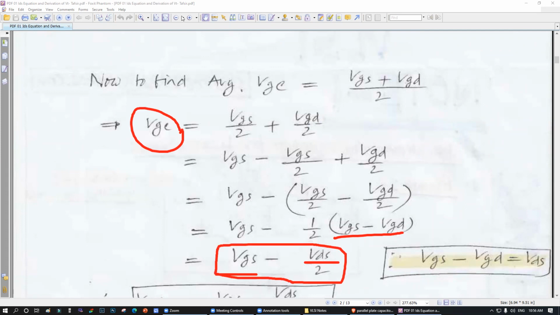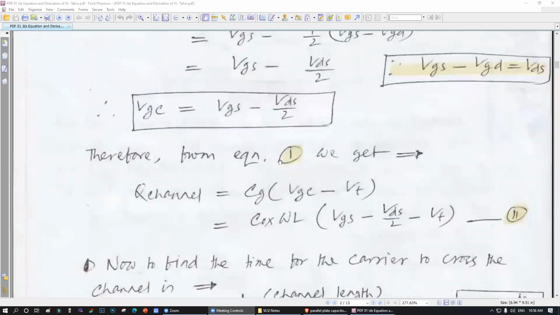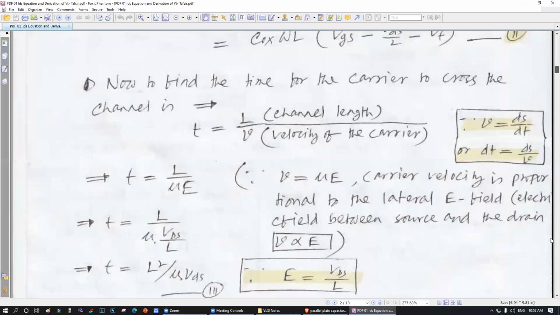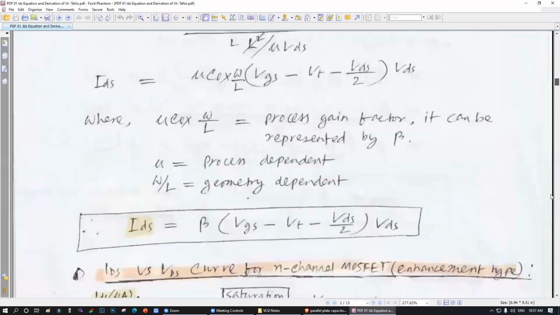Okay. Now put everything in the equation. So Q channel is equal to CG times VGC minus VT. CG is equal to COX WL. VGC is equal to VGS minus VDS by 2, and there is a VT. We do not have to find out the VT now, because there is a derivation of VT at the end of this lecture.